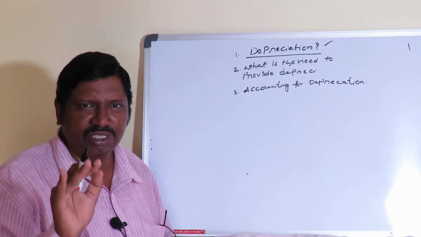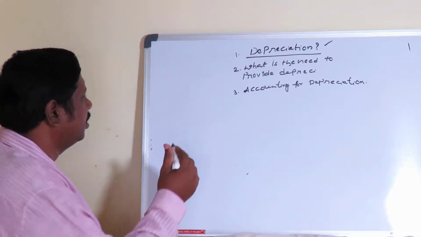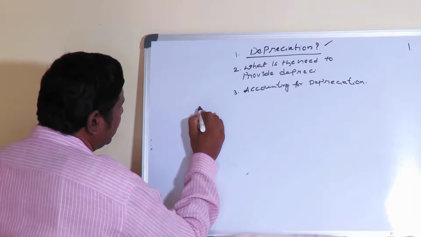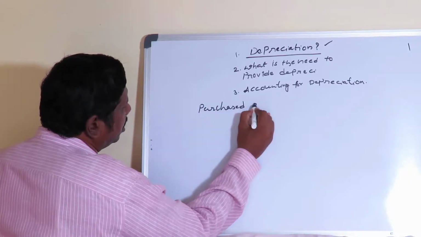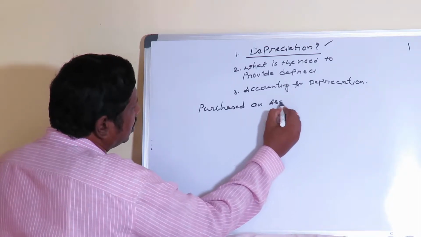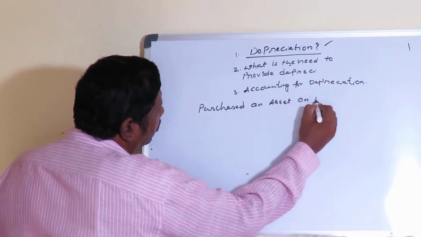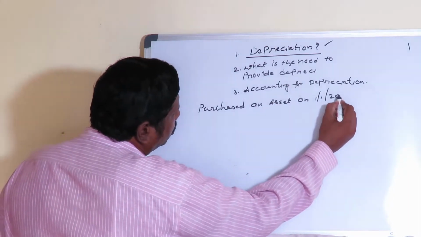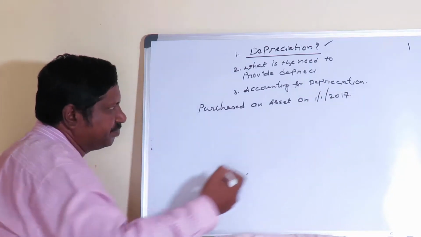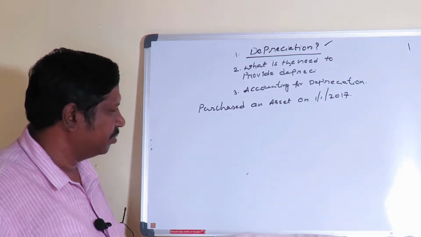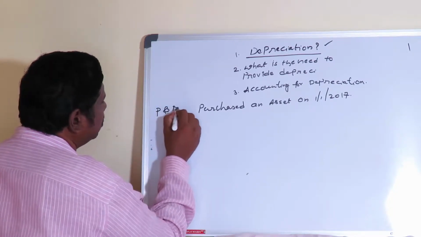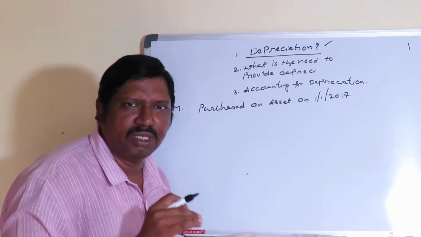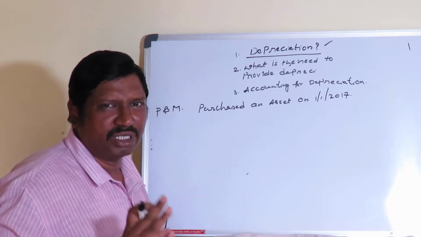Here depreciation means, in case we purchase an asset on 1/1/2017, assume it is plant and machinery.